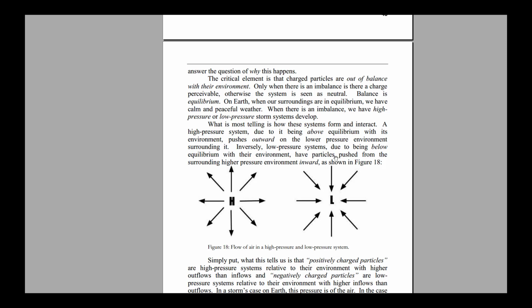A high pressure system, due to it being above equilibrium with its environment, pushes outward on the lower pressure environment surrounding it. Inversely, low pressure systems, due to being below equilibrium with their environment, have particles pushed from the surrounding high pressure environment inward, as shown in figure 18.